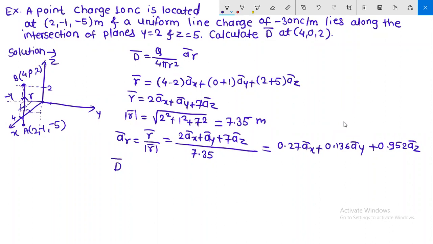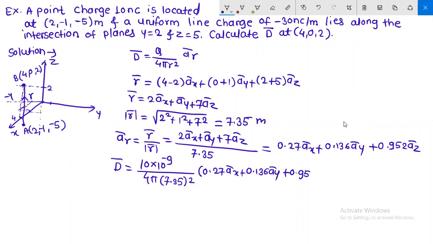Now find D bar, which is equal to, now the charge Q is equal to 10 nanocoulomb, means 10 into 10 raised to minus 9, divided by 4 pi R square, that is 7.35 square, into unit vector A bar R, that is 0.27 A bar X plus 0.136 A bar Y plus 0.952 A bar Z. So find D bar.